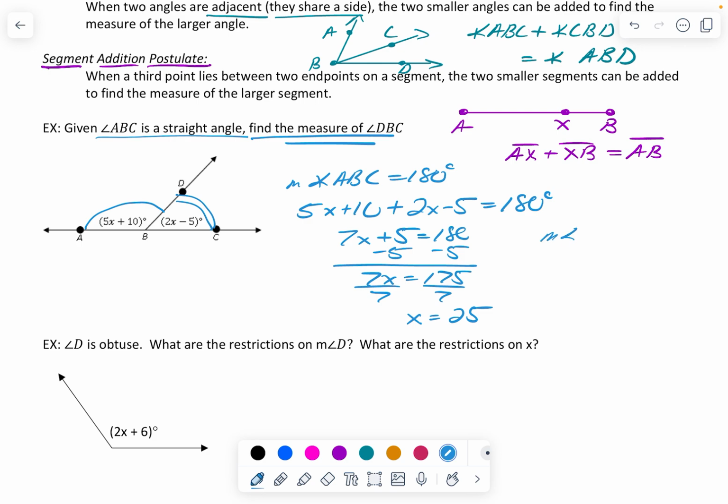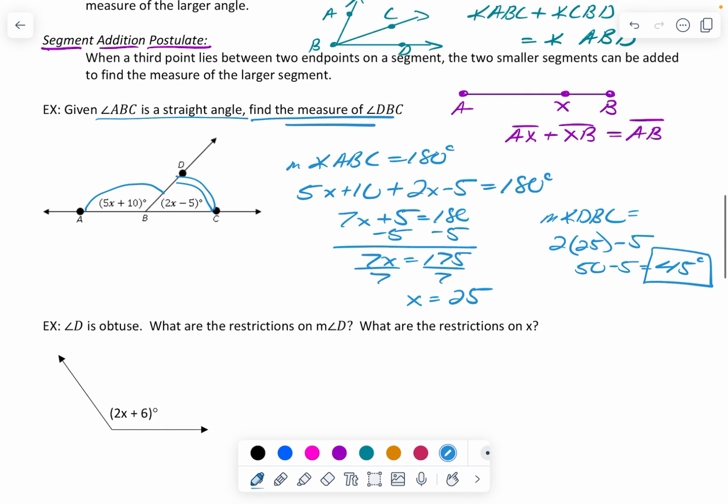So the measure of angle DBC is 2 times x, which is 25, minus 5. So 50 minus 5, or 45 degrees. And that is your final answer. So always read the problem. Make sure you're answering the question.